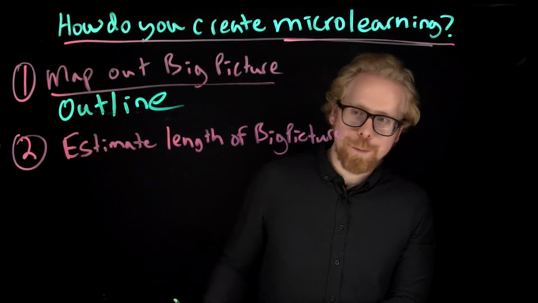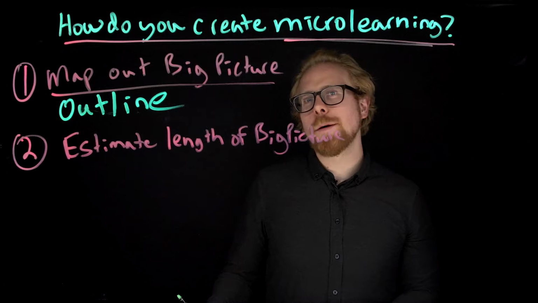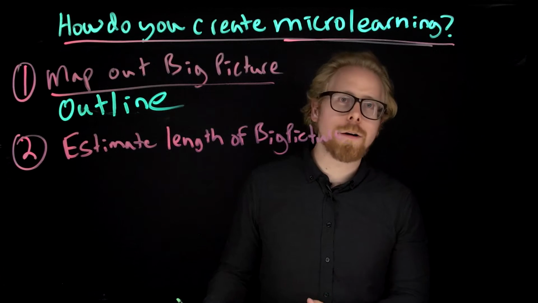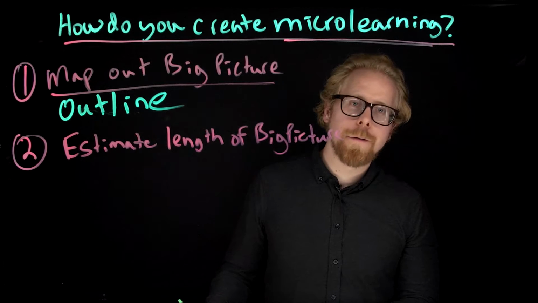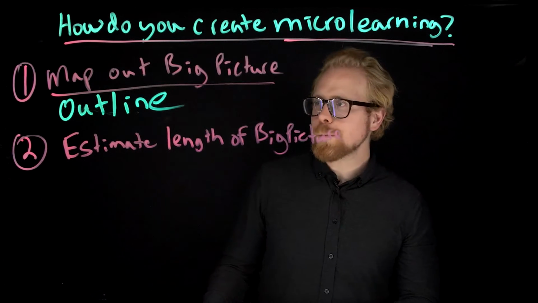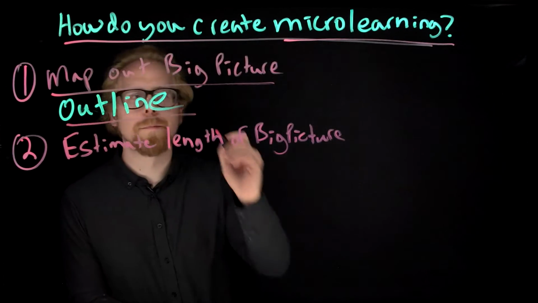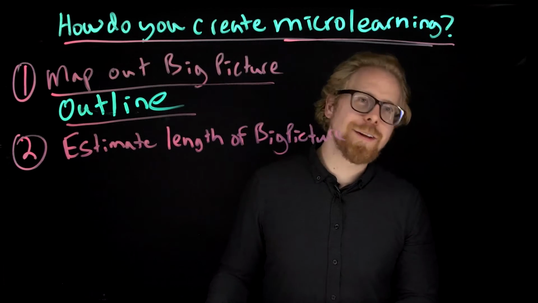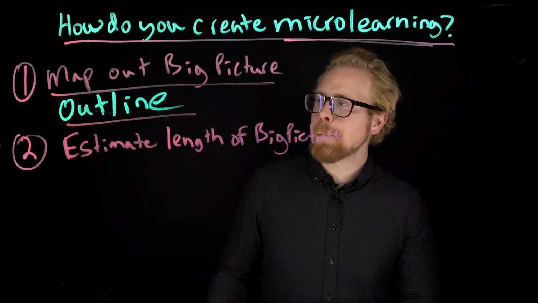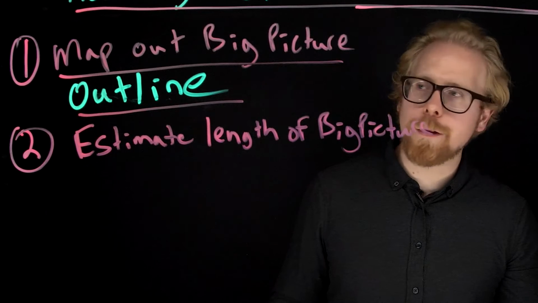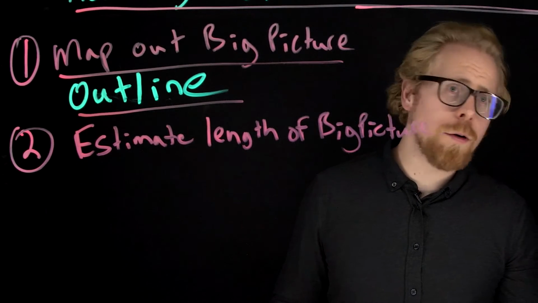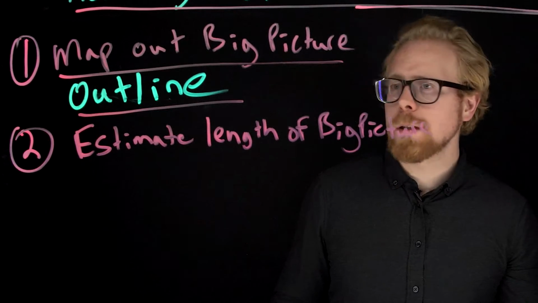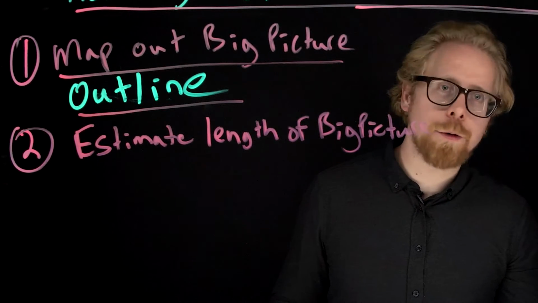Once you've mapped out that big picture, you need to come up with how much content you believe you mapped out. What's in that outline? It doesn't need to be exact, but if you have a 3-page outline, you should be able to come up with, oh, well, this looks like 5 hours of content.